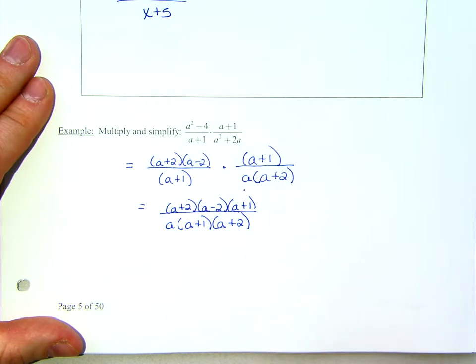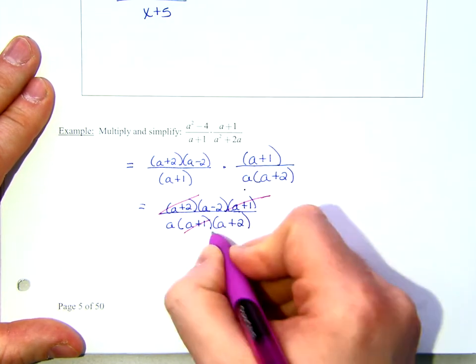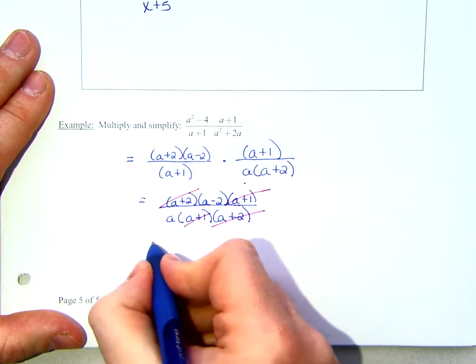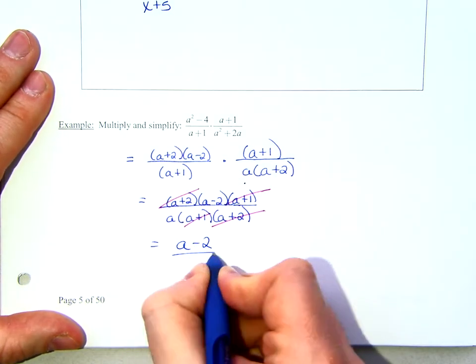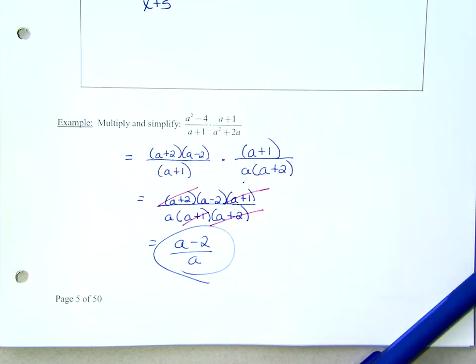So, Natalia? Perfect. A plus 1, a plus 2, those are gone. A minus 2 over a. And I guess what I really need you to realize is multiplying is really just like simplifying. There's just more factors. That's it.